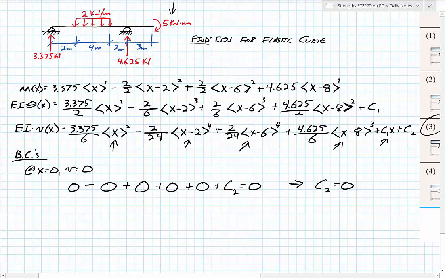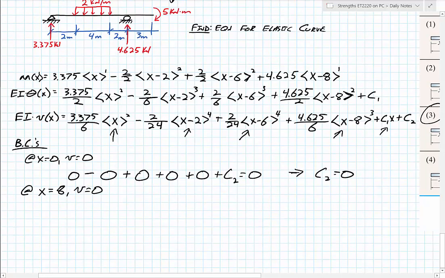For my second boundary condition, I know at x equals 8, my deflection will be equal to 0. So plugging in those 8s, I have 3.375 over 6 times 8 squared. Another error, this should be cubed.